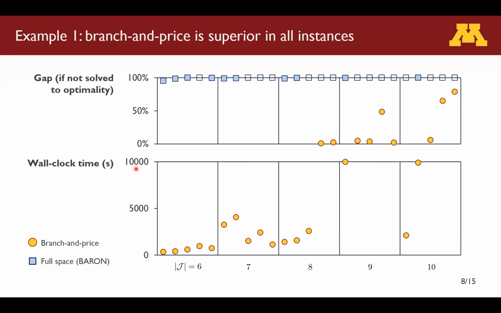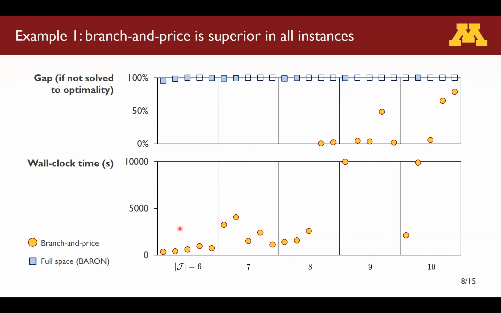If it didn't solve to optimality, we show the relative gap that was reached at 10,000 seconds in this top plot. Also, you can see that some of these markers are empty or hollow. That means that not even a feasible solution was found. This actually happens a lot for the full space model.